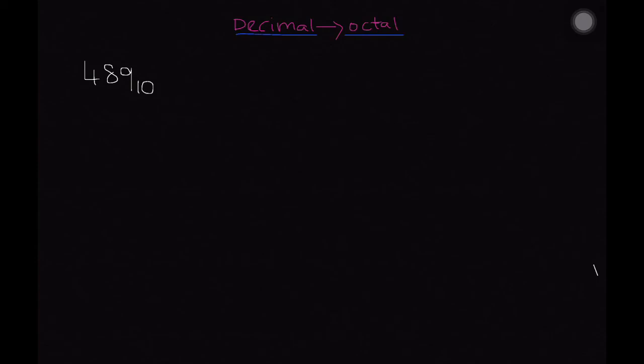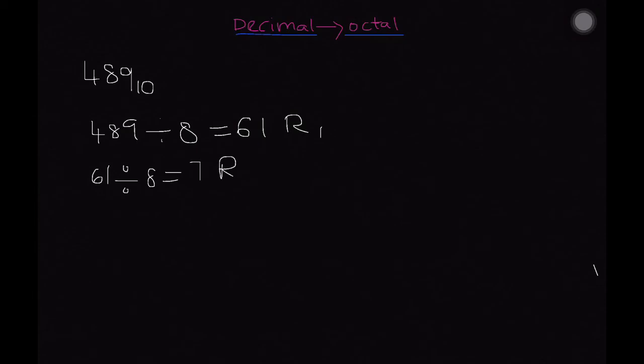We want to convert this number into octal. 489 divided by 8 equals 61 as coefficient and remainder we have 1. 61 divided by 8, 7 as coefficient and remainder we have 5. 7 divided by 8, 0 as coefficient and remainder we have 7.